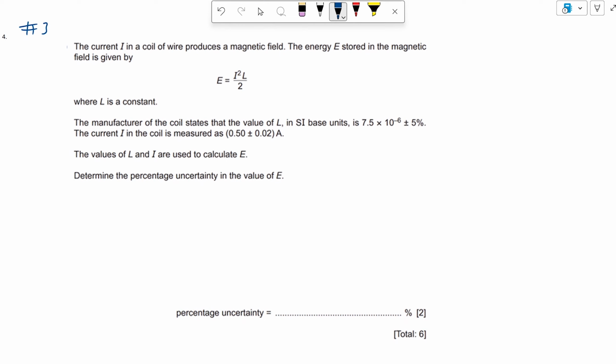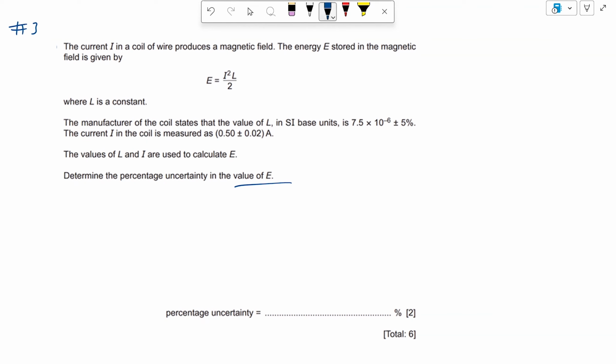And okay, we are now supposed to find the percentage uncertainty of the value E. Okay, we have been given the value of L and the percentage uncertainty. We've also been given the value of I and the absolute uncertainty.